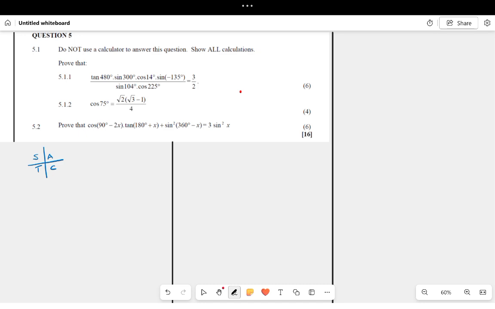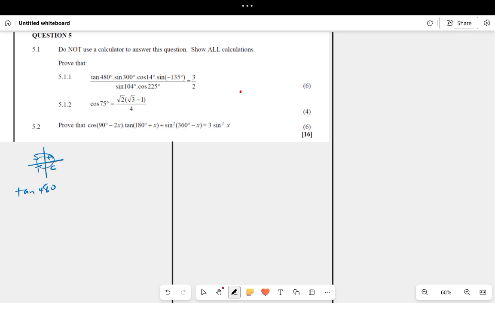All right. Now, when you look at the angle 480, we should be working out what is tan 480. By making a rotation, 480 lies in the second quadrant, and in the second quadrant, only sines are positive. To find the equivalent of 480 in the second quadrant, you subtract 360 degrees.